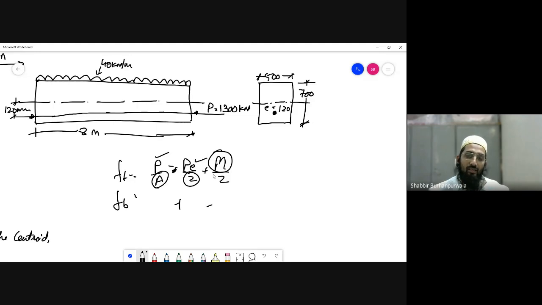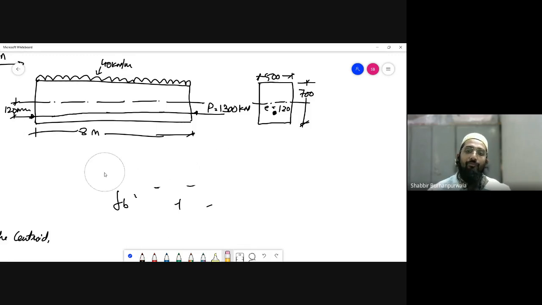I hope you understand. So before proceeding to the formula, it is necessary that we determine all the essential components of the formula so that we can substitute those values into the equation and get our final answer. Okay, so can you give me the area of cross section?